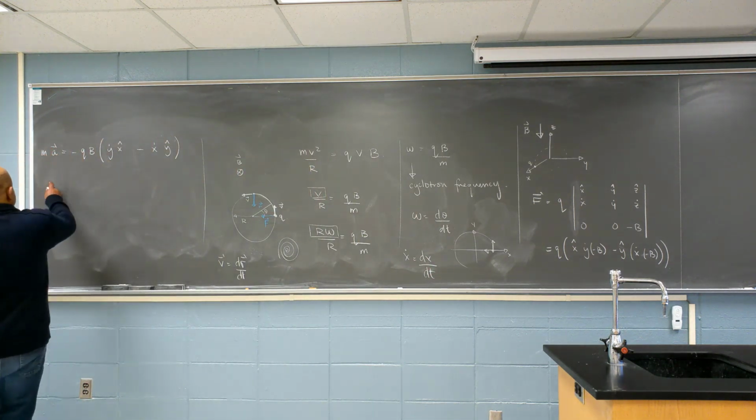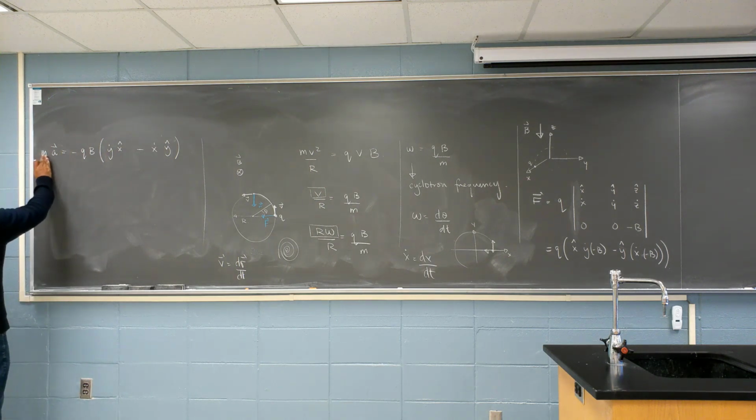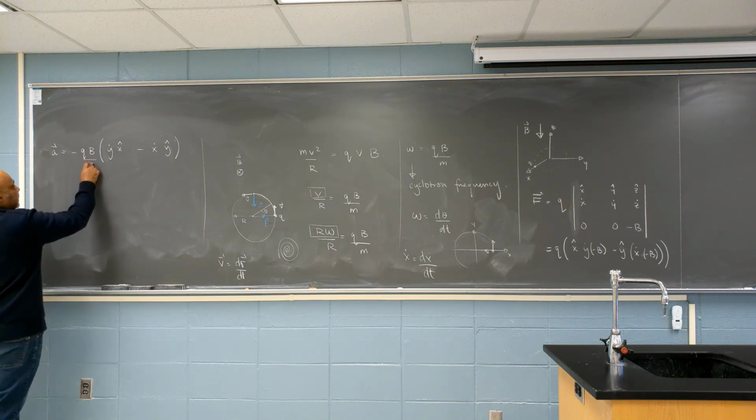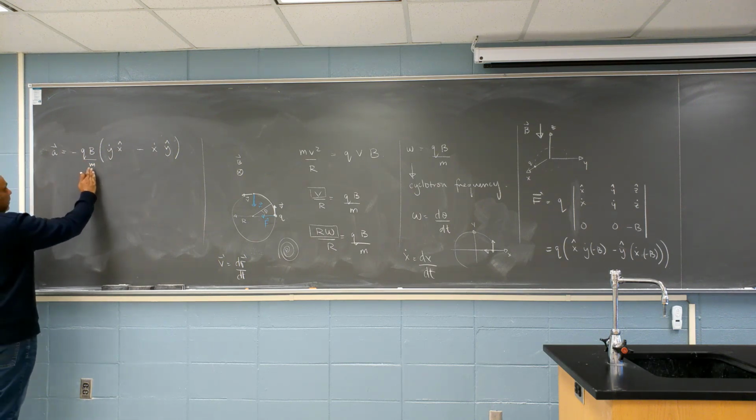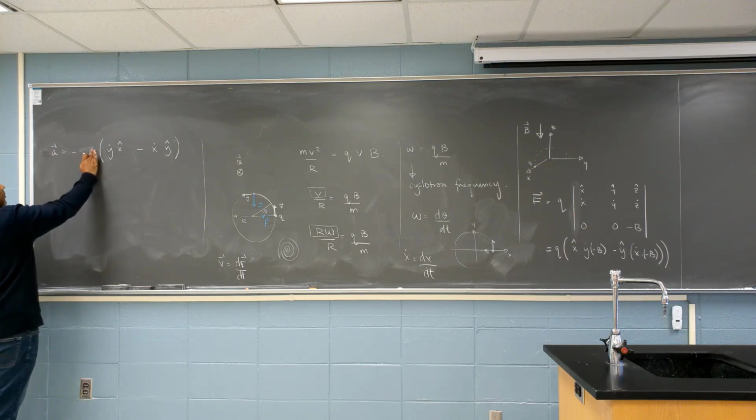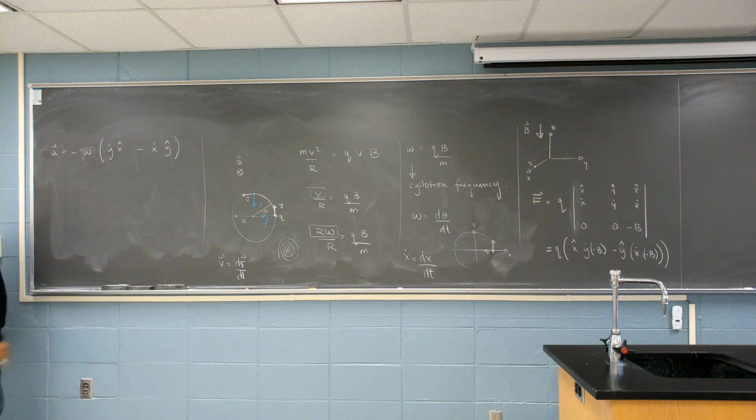Okay, so that means, first of all, I'm not going to write it as a second equation. I can put this as qB over m. Once again, I'm just going to save on writing. Make it omega. A nice feature that you can pull out. And then I have acceleration in the x direction.